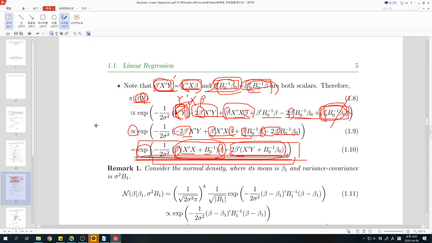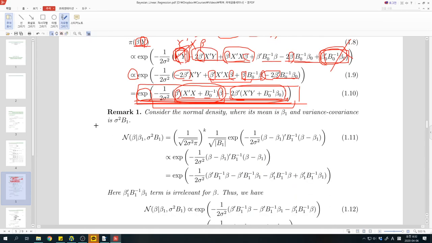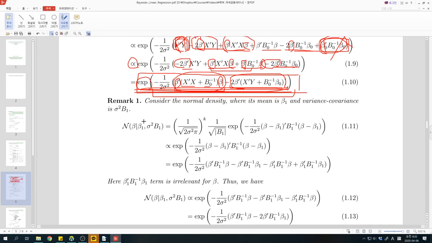To do this, here is a note. Suppose we just consider a normal density, and its mean is beta 1 and its variance is sigma square times b1. Then by definition, this is its normal density, a multivariate normal density.